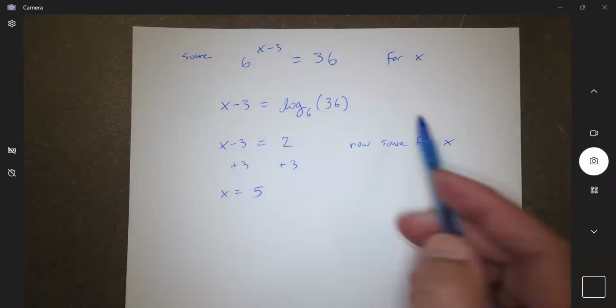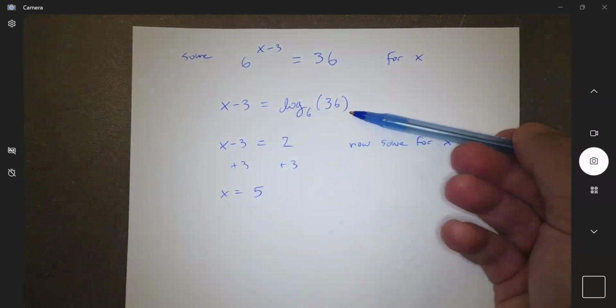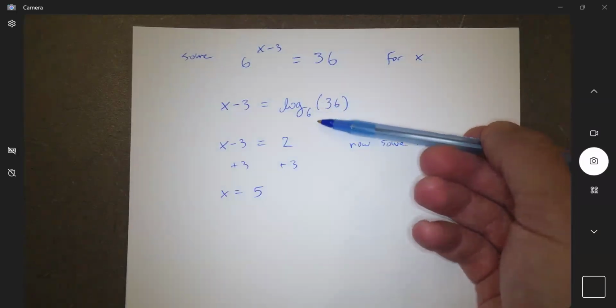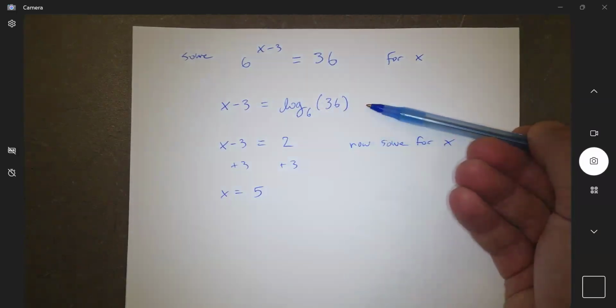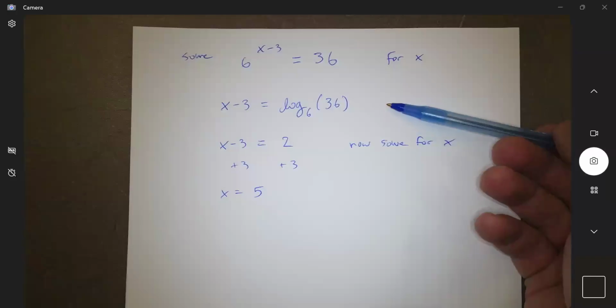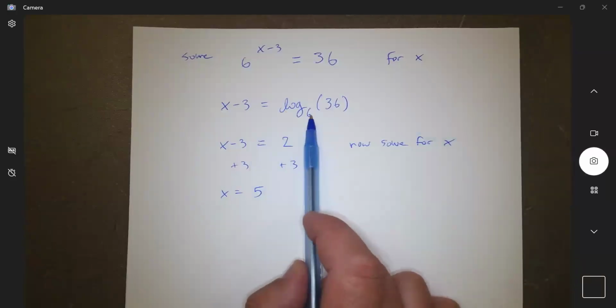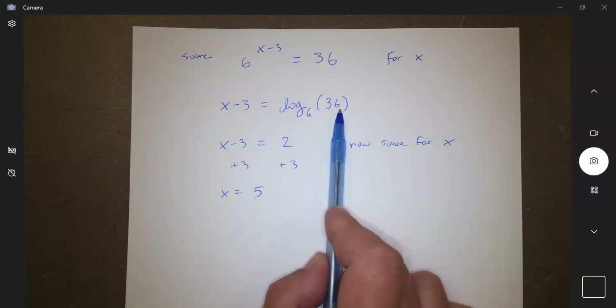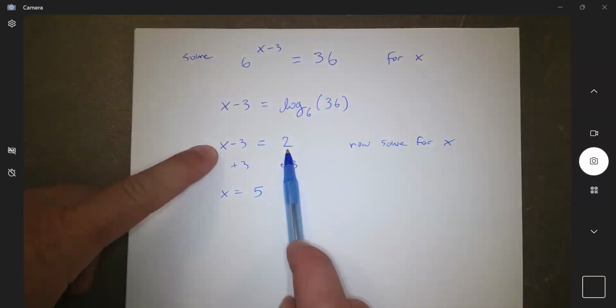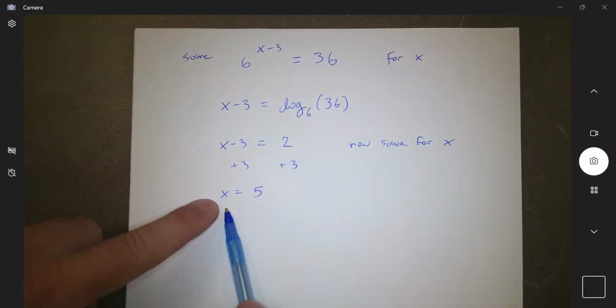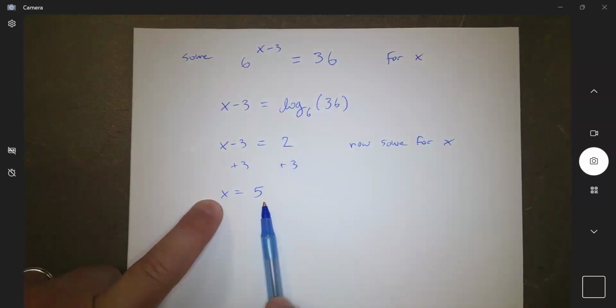Log base 5 would say what power of 5 gives you that number. Log base 8 is what power of 8 gives you that number. So we're looking for the power of 6 that gets you to 36. Well, that's 2, but x minus 3 equals 2, so x must equal 5.